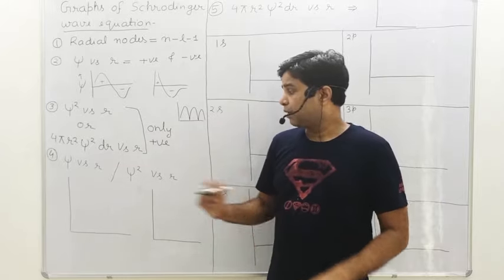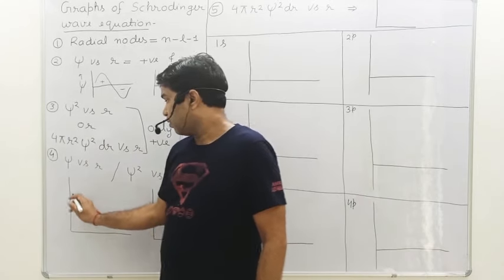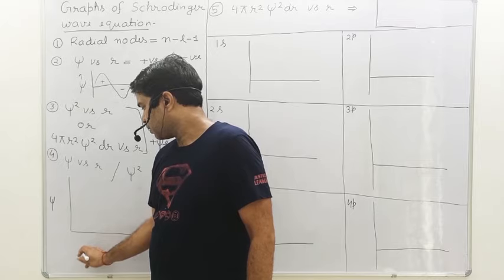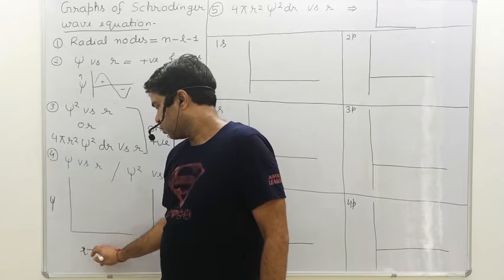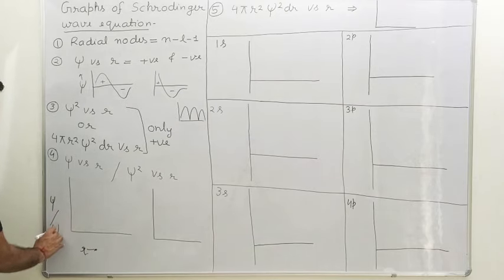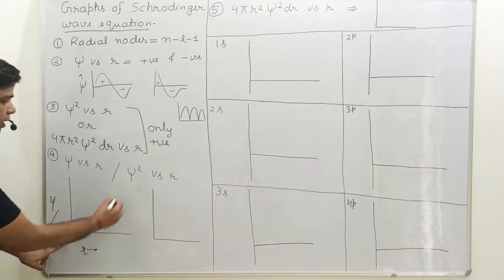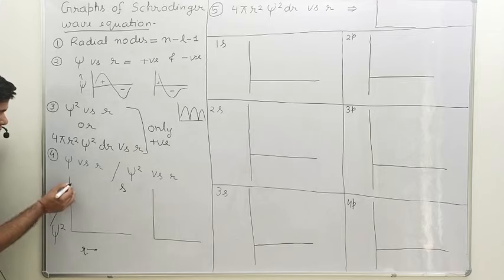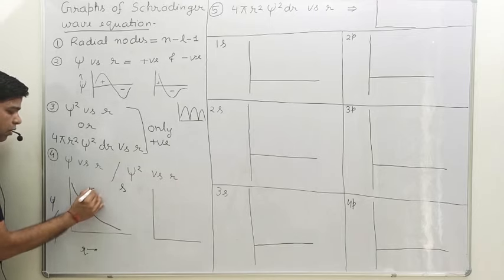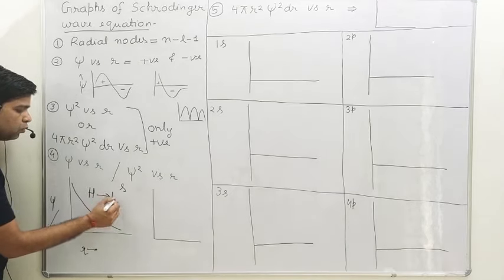Fourth technique is what? Whenever you draw the graph of psi versus r, or psi square versus r for the s orbital, please remember these graphs you have to start from higher to lower.